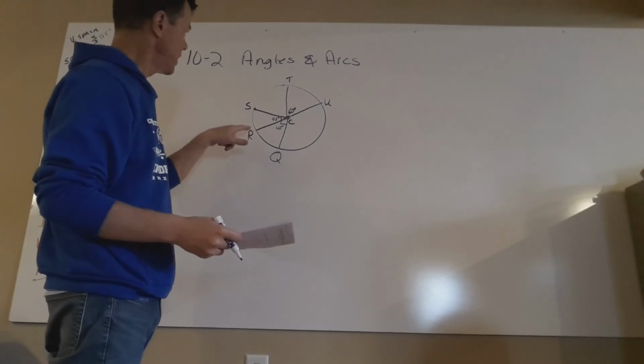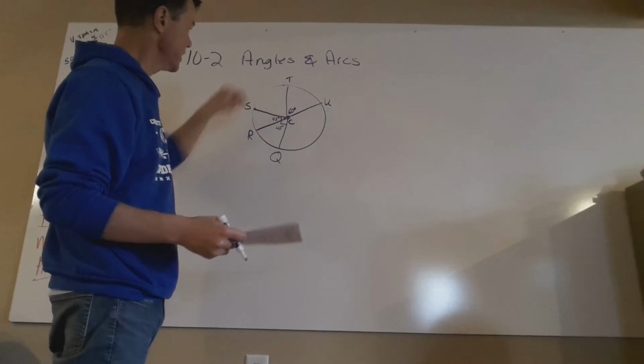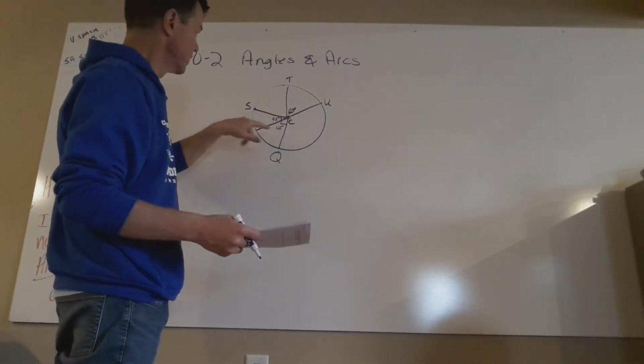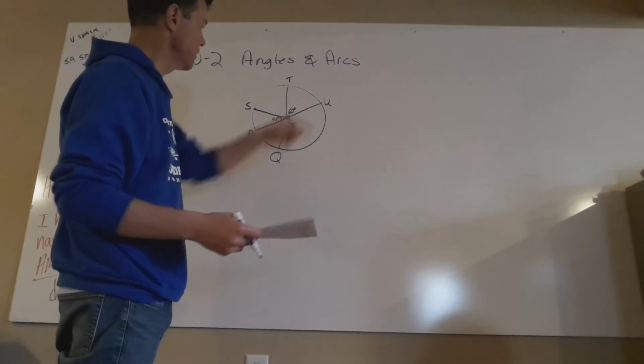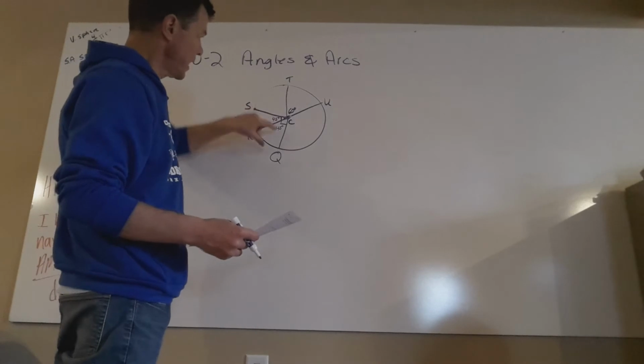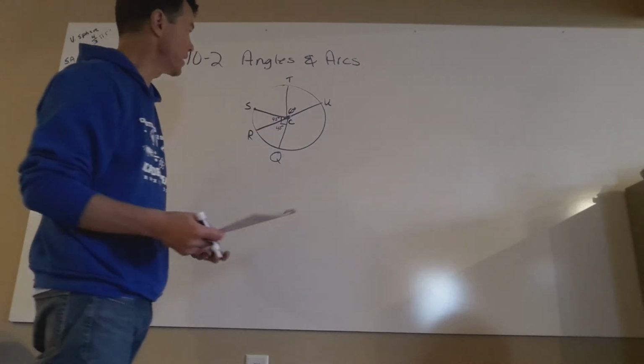This angle RCS, angle RCT, and angle RCU. If we add those, angle RCU is just going to be a straight line. And so these three angles added together, 45, whatever this is, and 60, have to add up to 180.